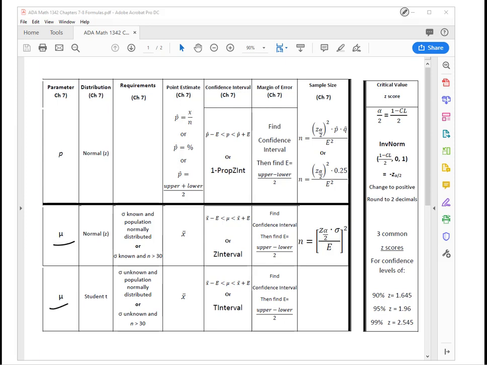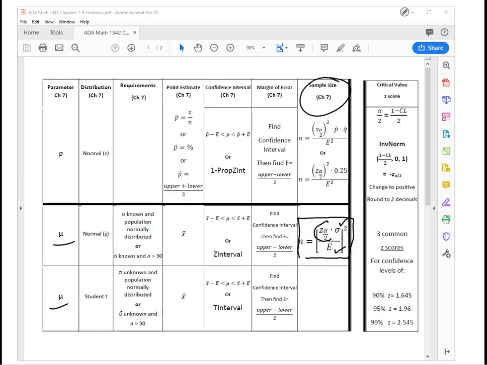Then I look all the way to the rightmost column because that's where I see sample size. I have one formula for my sample size n, and that is n equals z alpha over 2 times sigma divided by E, all that quantity squared. I know from the problem that I'm given sigma and I know E.